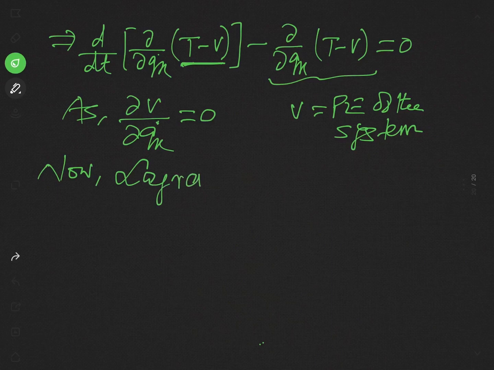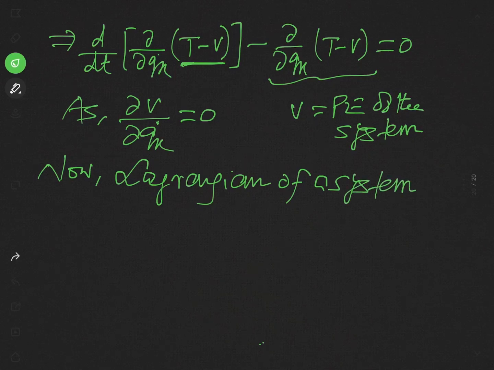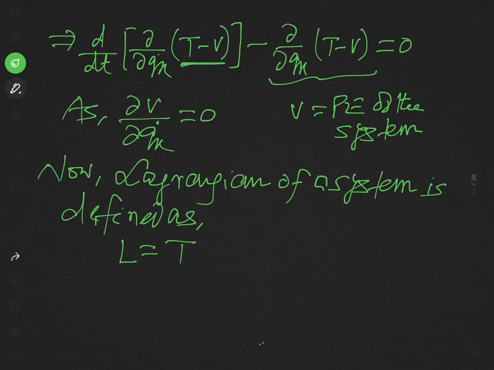The Lagrangian of a system is defined as, in fact the Lagrangian is denoted by the symbol L and it is defined as T minus V. Remember, this is a very important result which will always be used in forthcoming lectures.